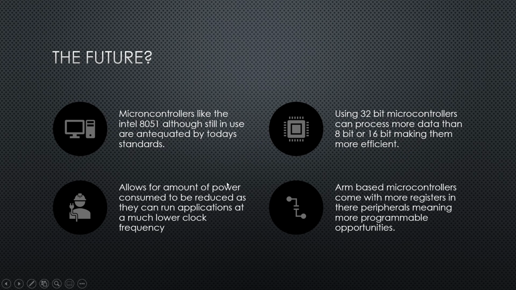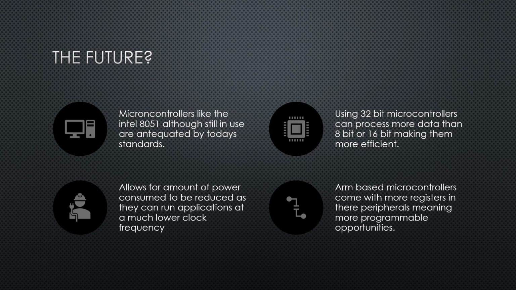Now, with microcontrollers, even though there have been incredible advances from 8-bit to 32-bit, from smaller clock speeds to higher clock speeds, is there room for more development? Yes, there is. You see, even though the Intel 8051 microcontroller is still really popular, by today's technical standards it's pretty antiquated. 32-bit microcontrollers can process a lot more data when compared to 8-bit or even 16-bit, making them a lot more efficient.